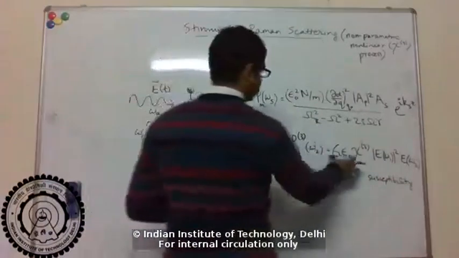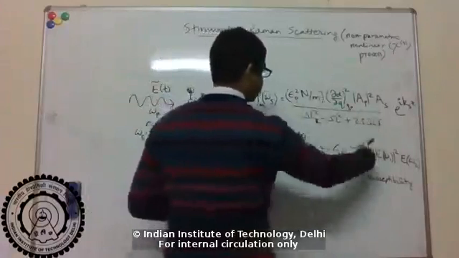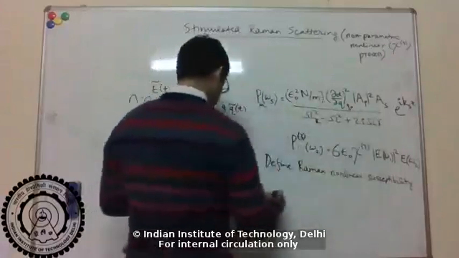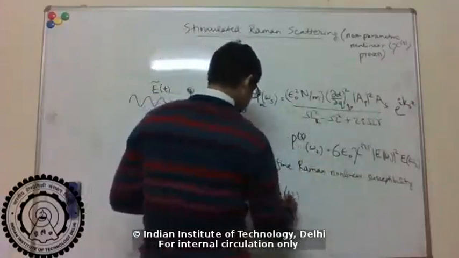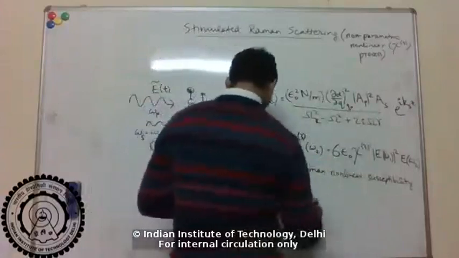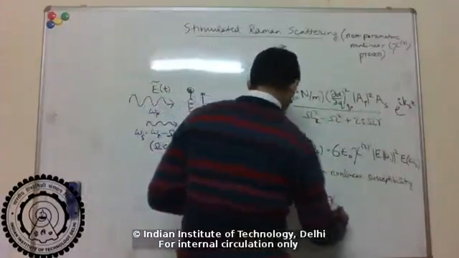Okay, so basically just take this form and then these constants will equate to some chi3. Right, so we write P of omega s as some 6 epsilon naught.